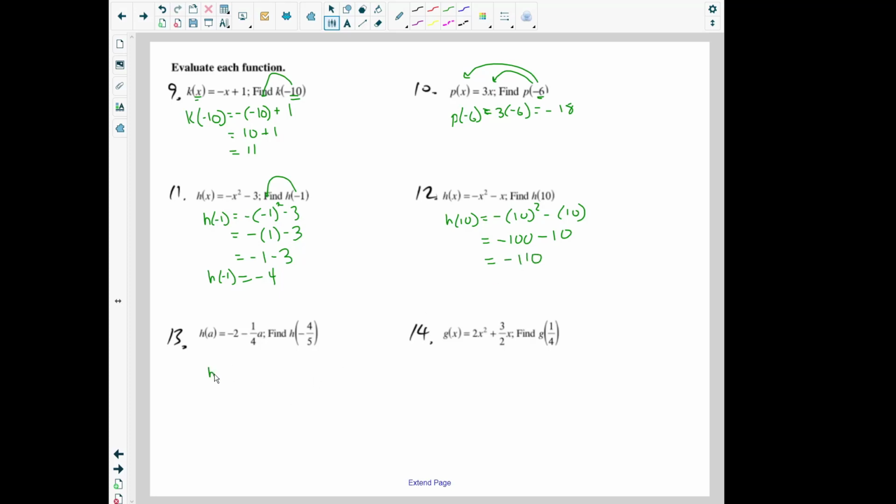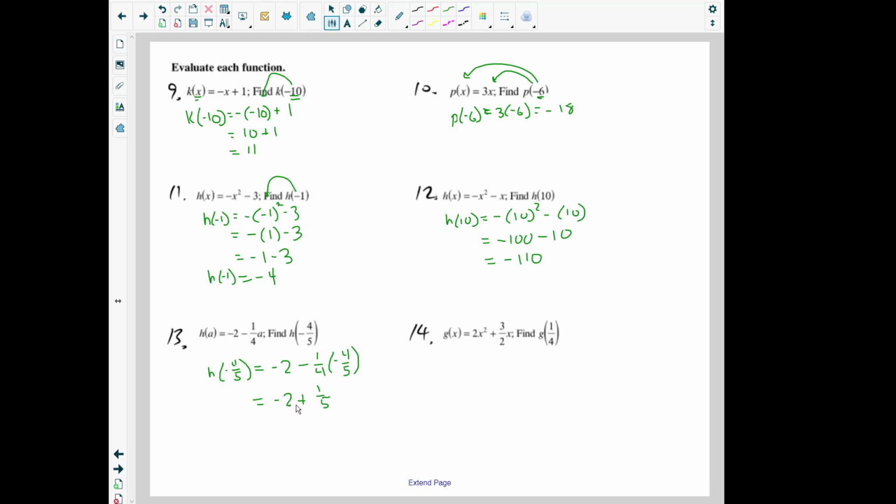h of negative 4/5 equals negative 2 negative 1/4 times a, but a is negative 4/5. So that equals negative 2. Negative times negative is positive, so that's going to be a plus. The 4's reduce, so it's going to be 1/5. Now, we have to convert negative 2.